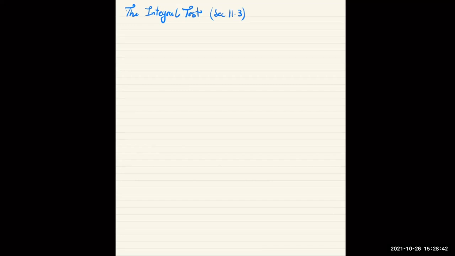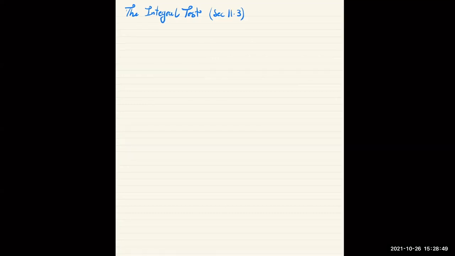Okay, but before we go over any of the definitions and theorems, I have to go over one definition that's actually not in the book, unfortunately. This is the definition of a positive term series, and an eventually positive term series.